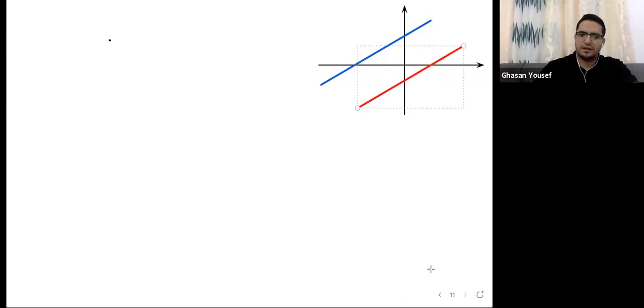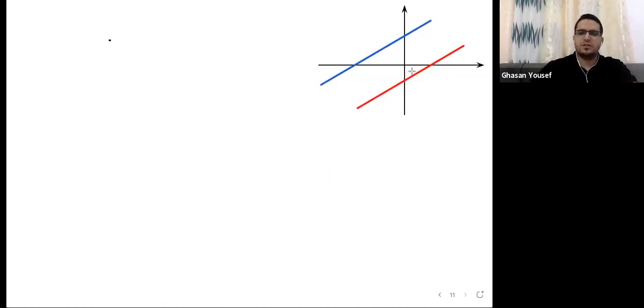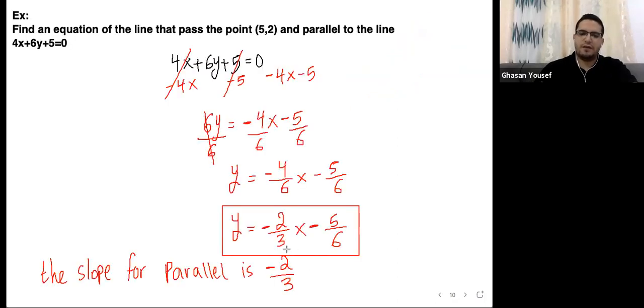The equation of the red line is given as 4x plus 6y plus 5 equals 0, and the slope of the red line, which I found from the equation, is minus 2 over 3.